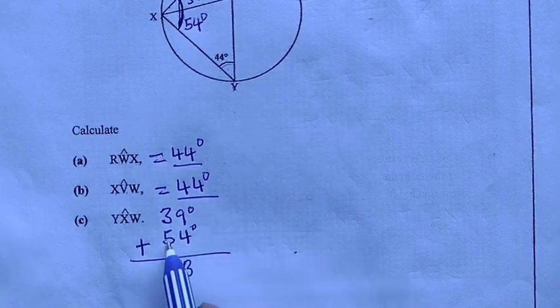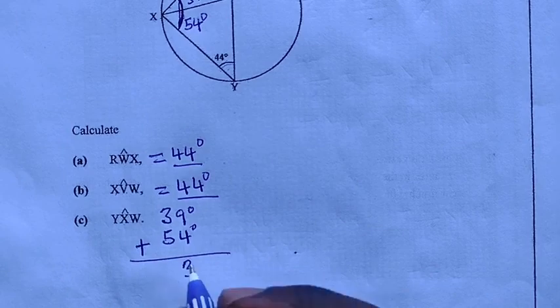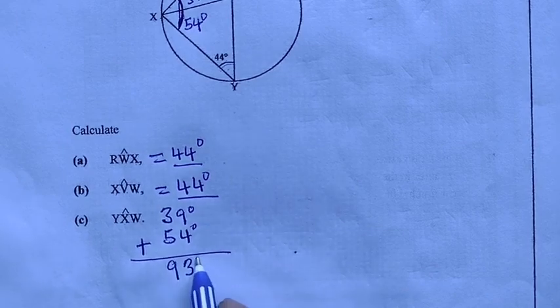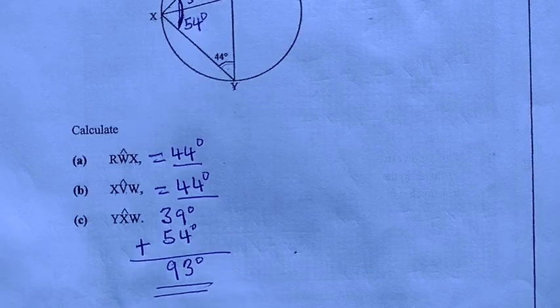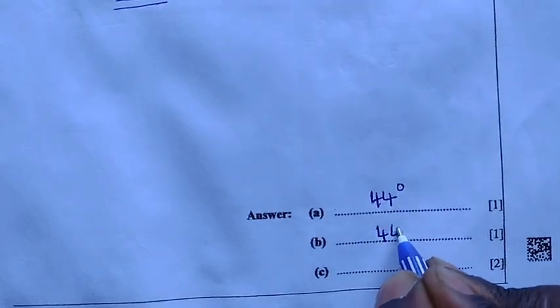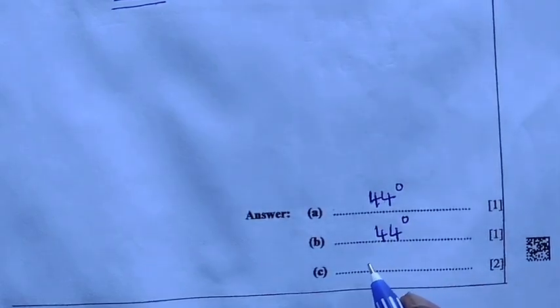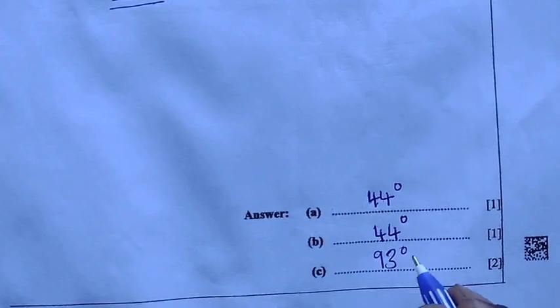We write 3. 5 plus 3 is 8, plus that 1 is 9. So this will give us 93 degrees. So our answers: the first angle is 44 degrees, the second one is also 44 degrees, and the last one is 93 degrees.